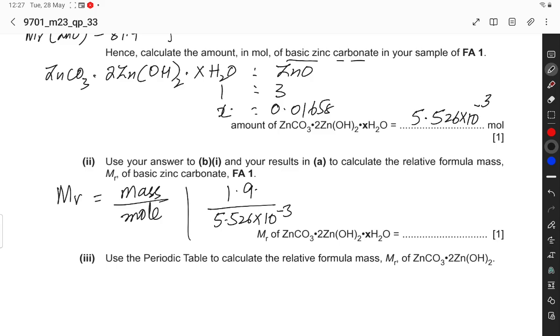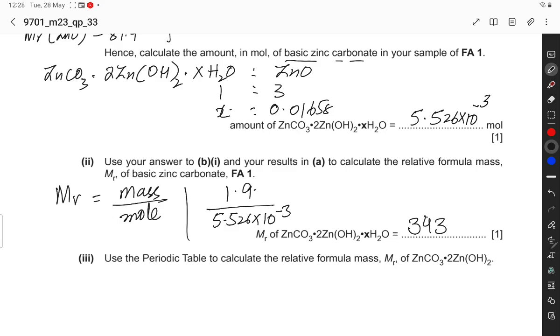So 1.9 divided by 5.526 into 10 to the power minus 3 is equal to 343.8.